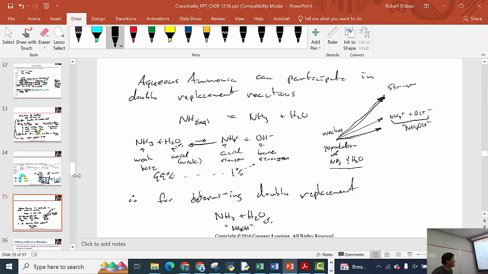The problem with this is that ammonia and water are the major species, and ammonium hydroxide is a minor species here. And this is called hydrolysis. Weak bases partially hydrolyze water.